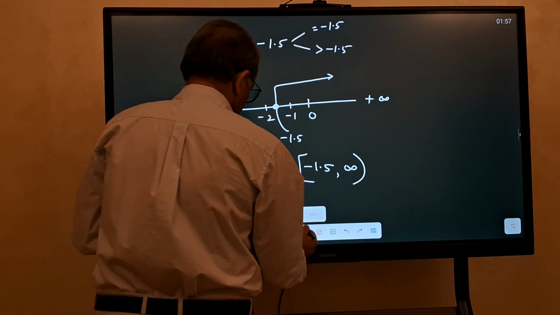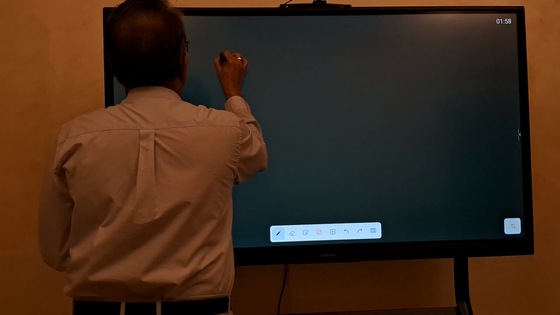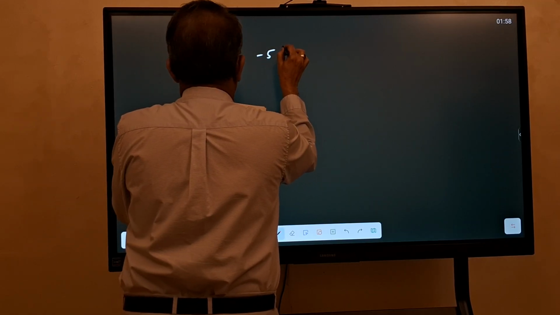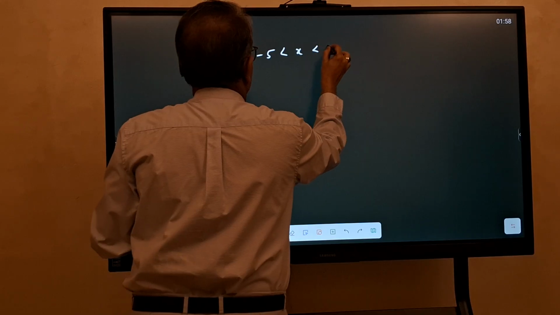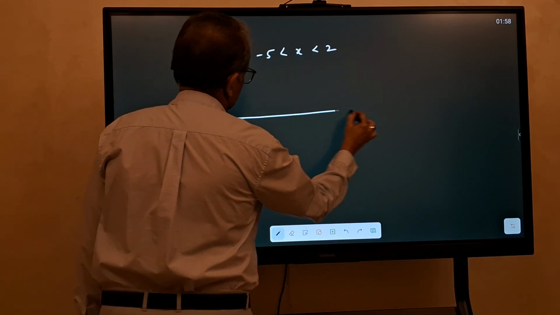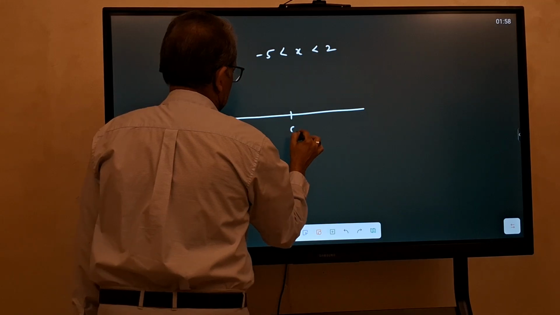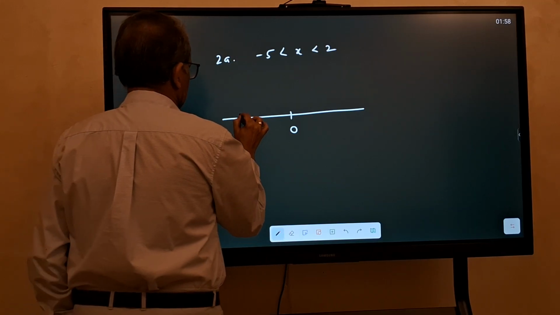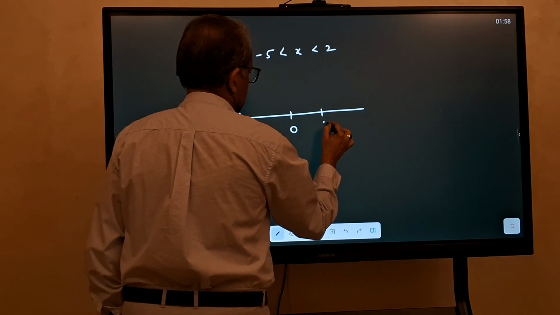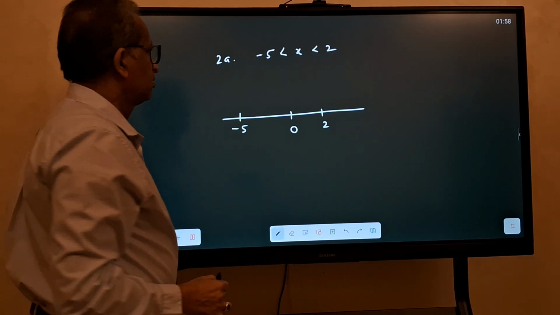Coming to 2a, minus 5 less than x less than 2. On the number line, we have 0, minus 5 somewhere here, and plus 2 somewhere on the right side.